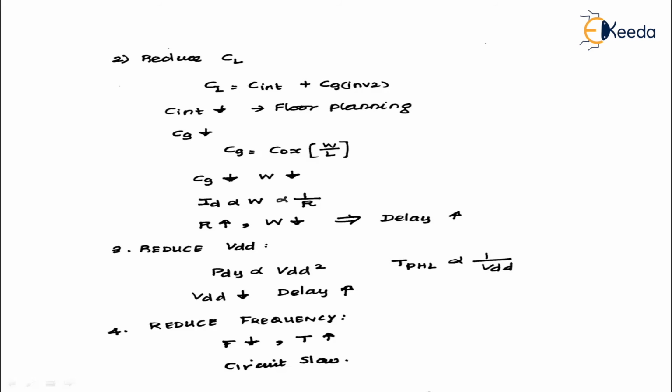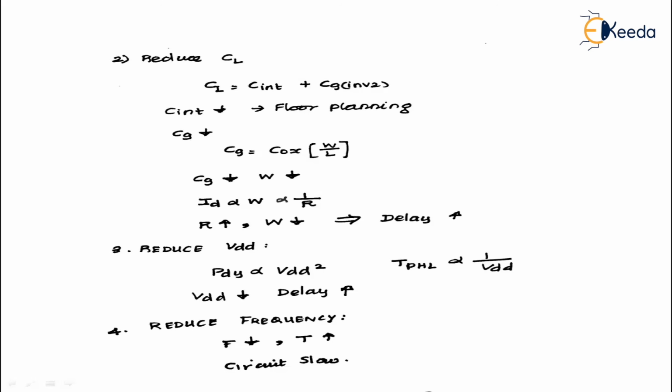Which means the delay, because tau is nothing but RC, is going to rise. So what is the problem when I am reducing my capacitance? My delay is going to rise.